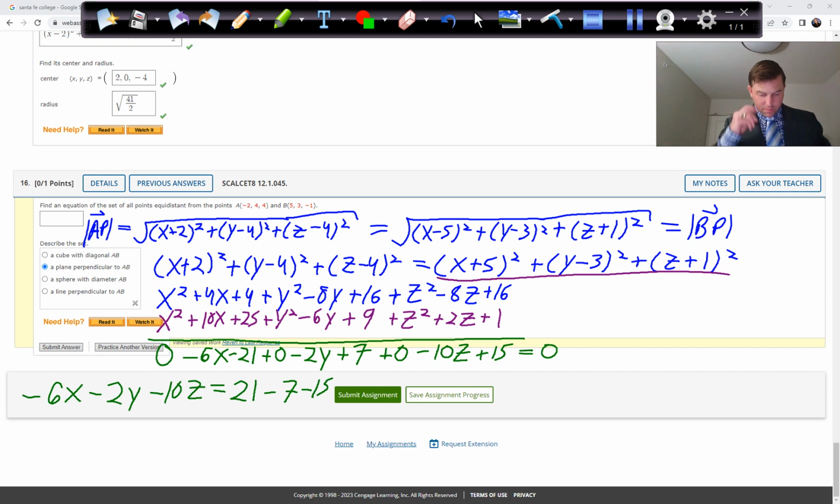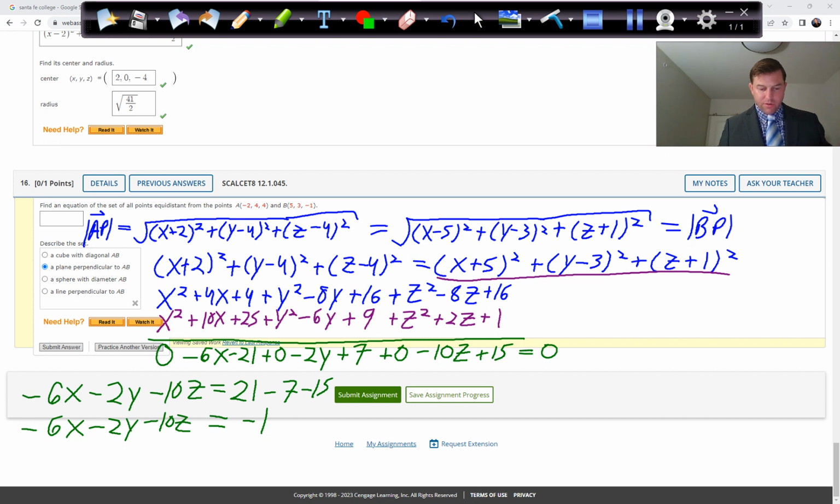And so we're going to get on the right side, minus 7 and minus 15 is minus 22, so you get minus 1, nice even number. And over here you're going to get minus 6x minus 2y minus 10z equals minus 1.